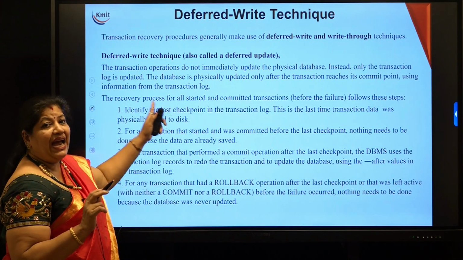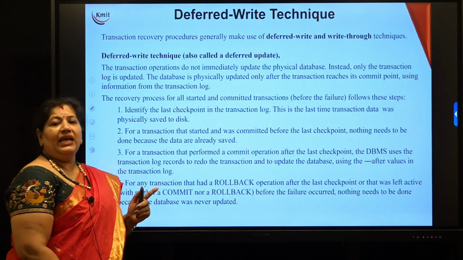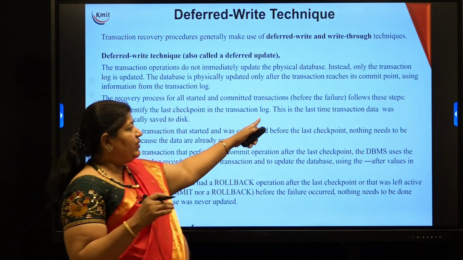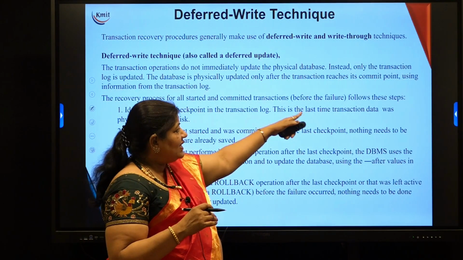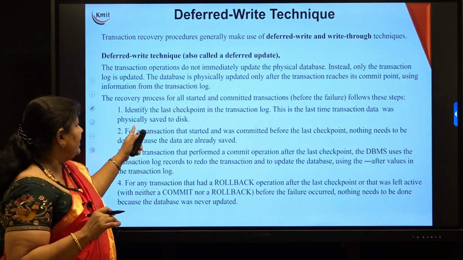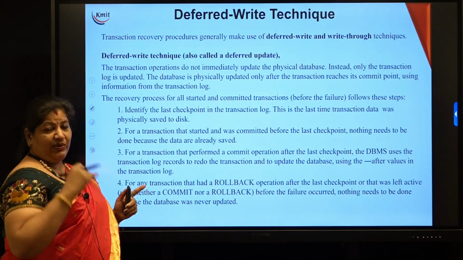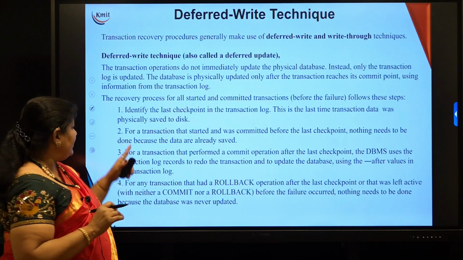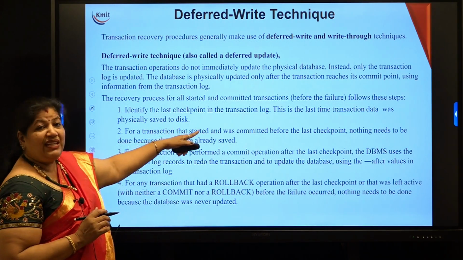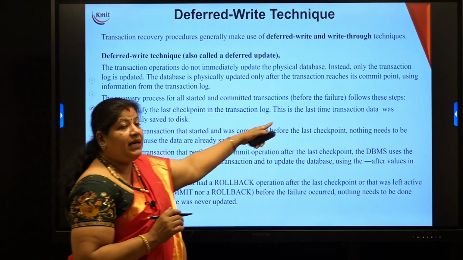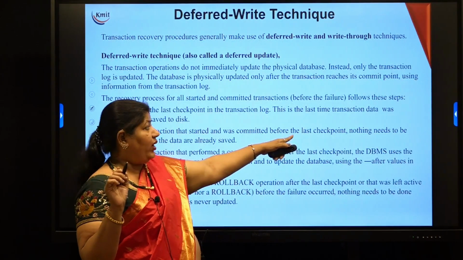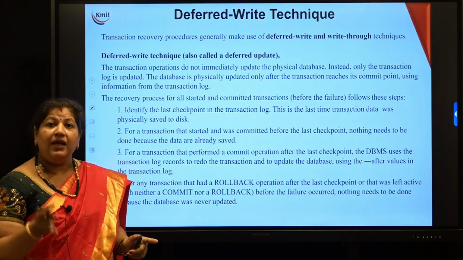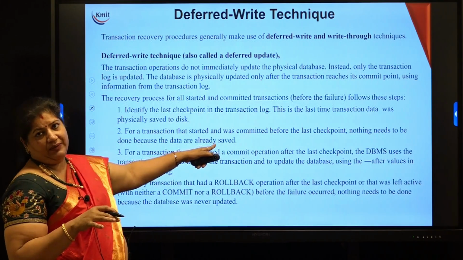First and foremost, identify the last checkpoint in the transaction log, because you know that until then we have written everything to the database. So this is the last time the transaction was physically saved to the disk, because we understood checkpoint as from time to time I am updating the database. Now for a transaction that started and committed before the last checkpoint, you need not do anything because it is already saved.